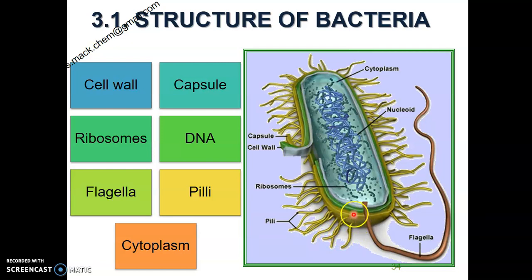The capsule encloses the cell wall, and within the cell itself, right next to that cell wall, we're going to find cytoplasm. Dispersed in the cytoplasm, you're going to find the ribosomes, and at the center of the cell, you're going to find the genetic material, which is the DNA. Right, and that is the structure of a bacterium cell.